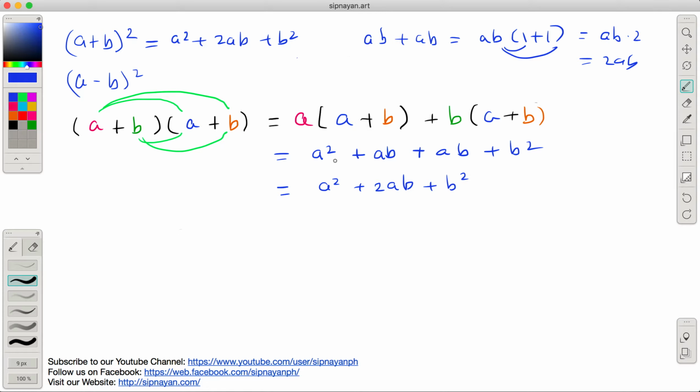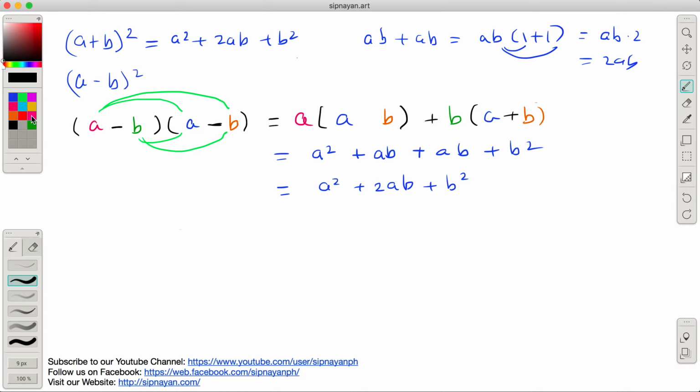Okay. Now, question, paano pag minus? Paano pag minus, for example? Parehong minus, for example. Squaring. So, dapat pareho yung minumultiply natin, di ba? So, ano mangyayari? Siyempre, yung a minus b na to, blue tsaka orange, magiging a minus b yan pareho, di ba?